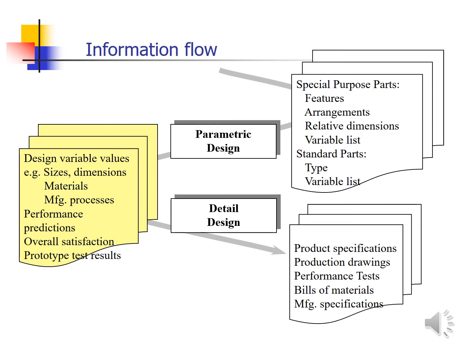Then from there, we finalize the parametric design variable values: what the size, what the dimension, material to process. So we study the performance prediction, overall certification, and prototype test result before we go to the detailed design.